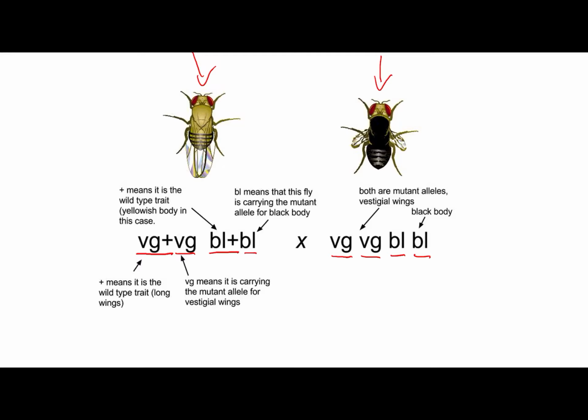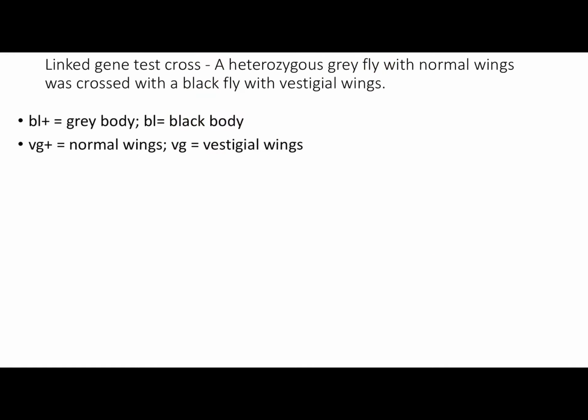So we're going to be looking at this particular cross now. So a linked gene test cross. A heterozygous grey fly with normal wings was crossed with a black fly with vestigial wings, and I've shown you the notation here. So we'll do this particular cross, and I'll show you how you can do it. So with our parents, there's our parents.